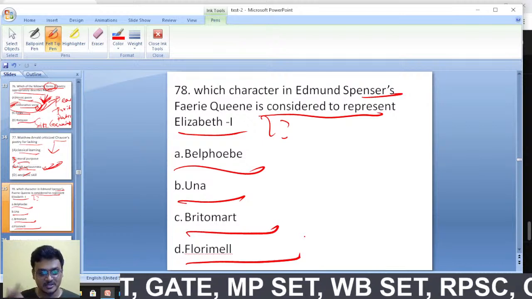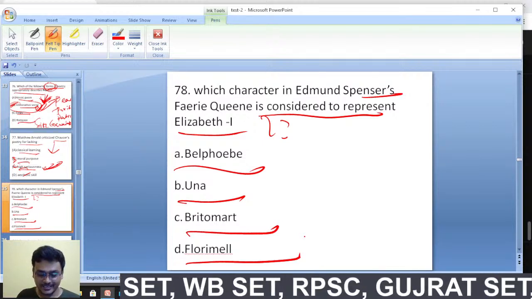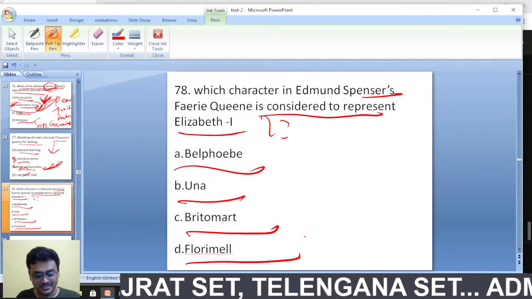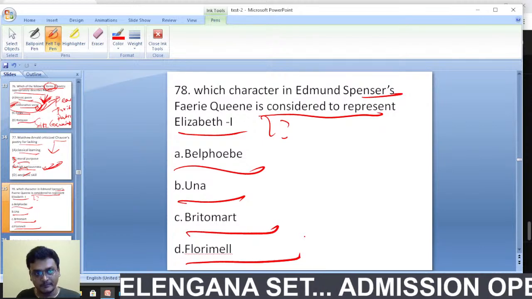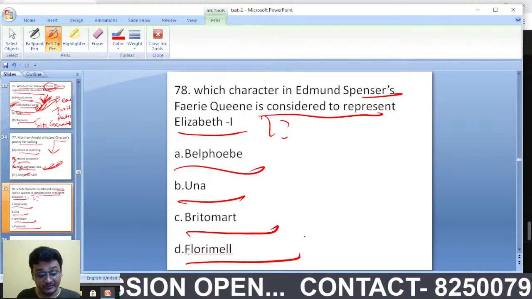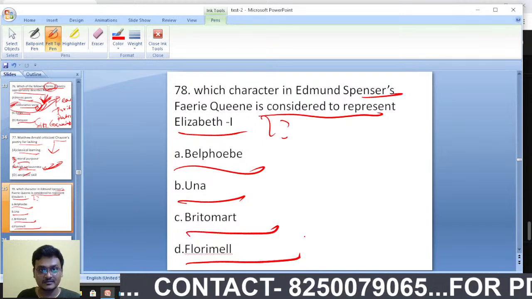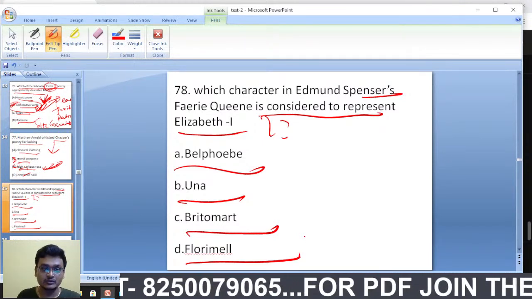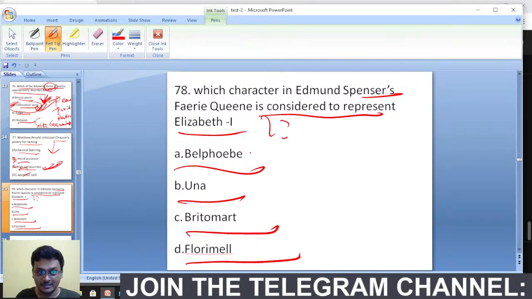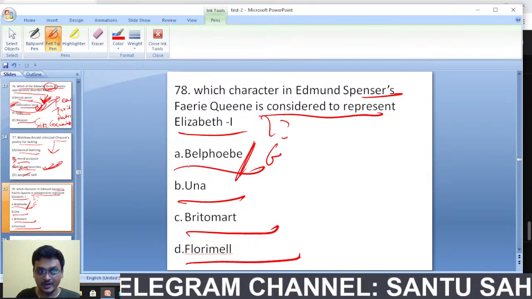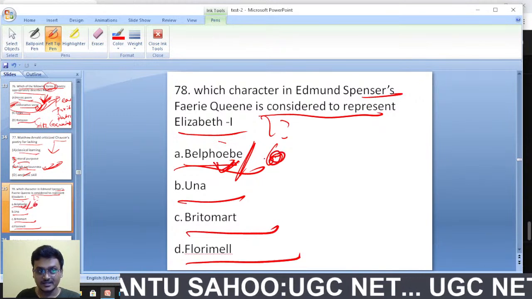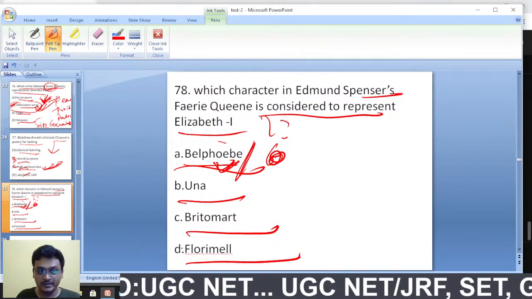Look, when I was preparing, I can understand the psychology here. I knew that this question was asked earlier, and I have discussed these questions many times. I told you that along with Gloriana there was another character representing the Faerie Queene. In the PPT it was Gloriana, so I deliberately manipulated it, erased Gloriana and put Belphoebe here, knowing you would not be able to answer.